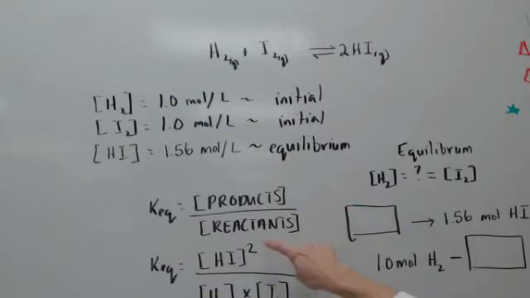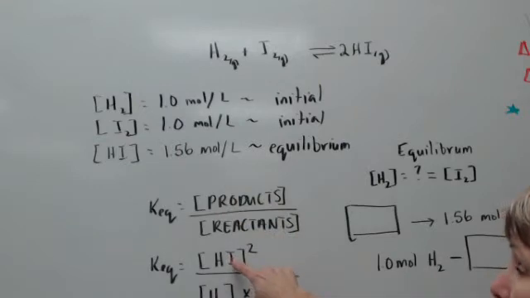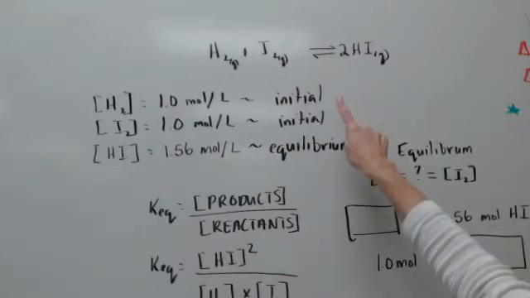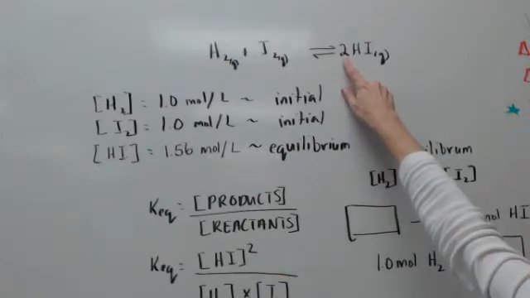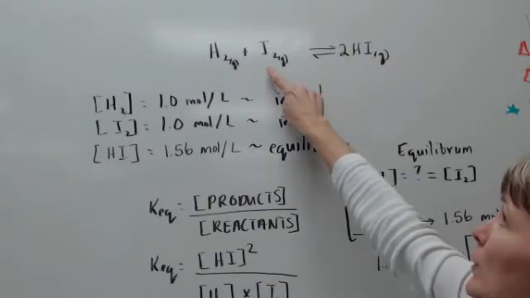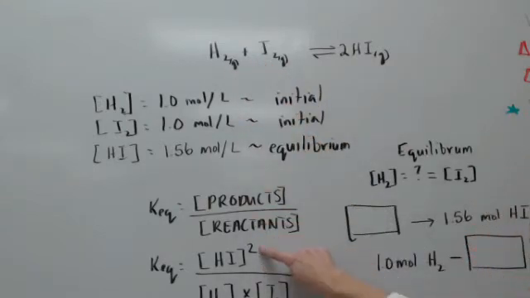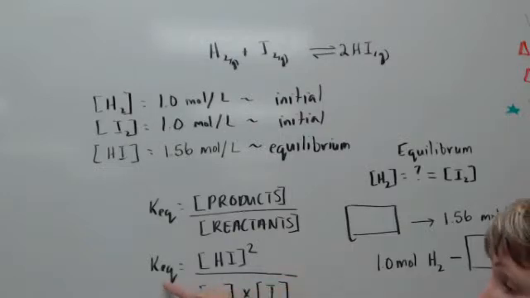I know I formed 1.56 moles of hydrogen iodide at equilibrium, and I'm going to square this because if I look up in my equation, I have 2 moles of hydrogen iodide for every one of each of the reactants. What I don't know are my concentrations of hydrogen and iodine at equilibrium, and I need to find those before I can find my equilibrium constant.